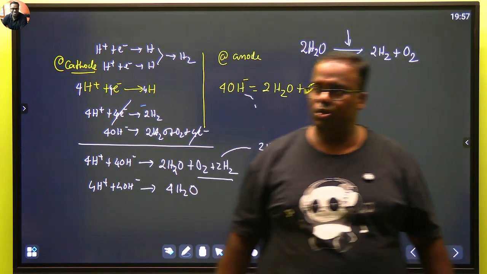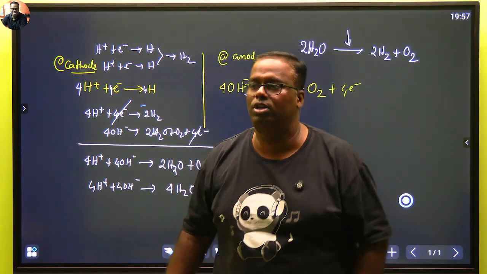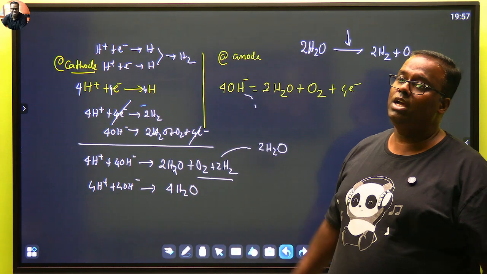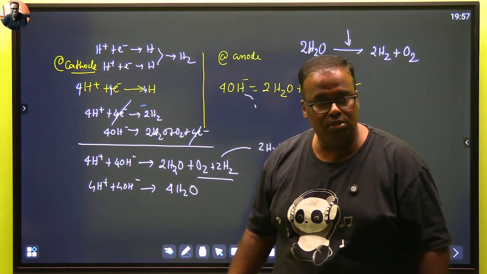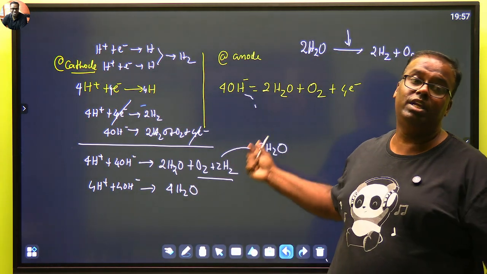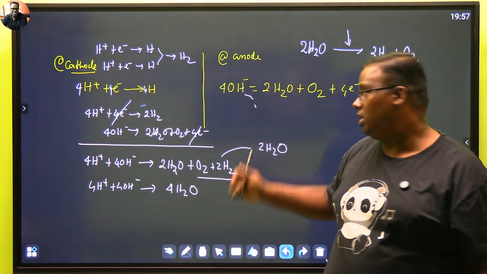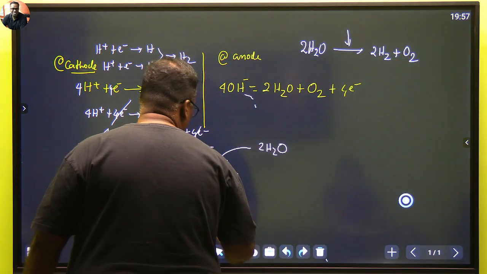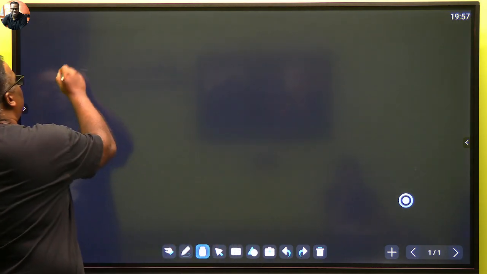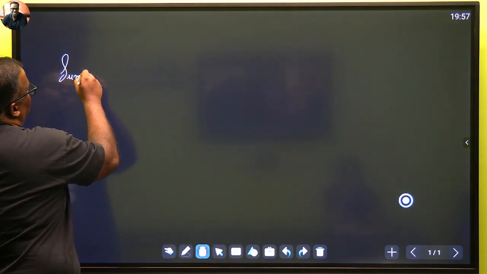Bottom line of the story is during electrolysis of water, hydrogen ions will go towards the negative electrode. Hydroxide ions will get discharged at the positive electrode. And so let me write some summary so far. The summary of our discussion so far.